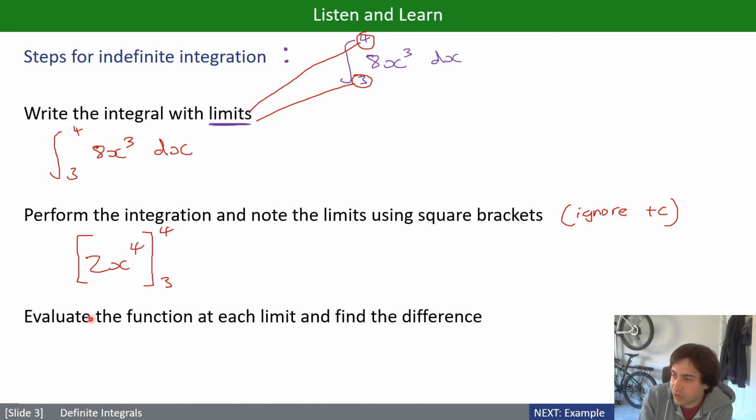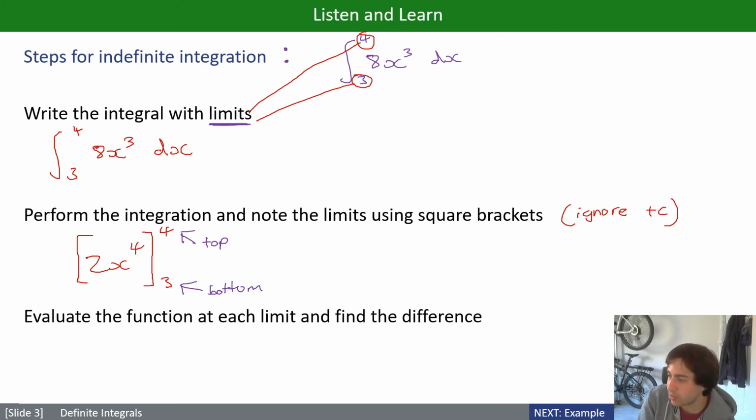Okay, and then the third step is to do the following. Evaluate the function at each limit, each of the two limits, and find the difference. Take one away from the other. So this literally means take that top limit, let's call it the top, and substitute it in as the value for x to get a number. Then do the same with the bottom number.